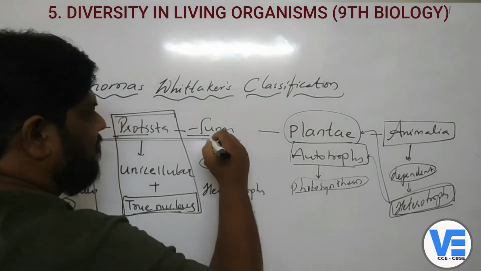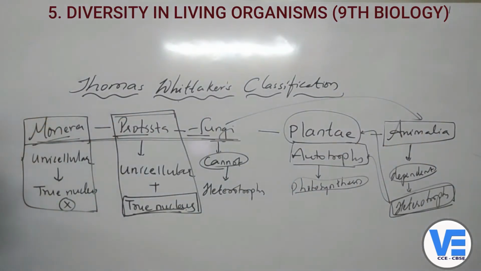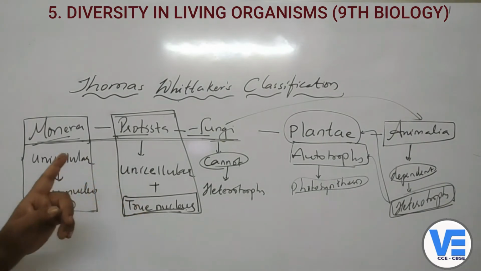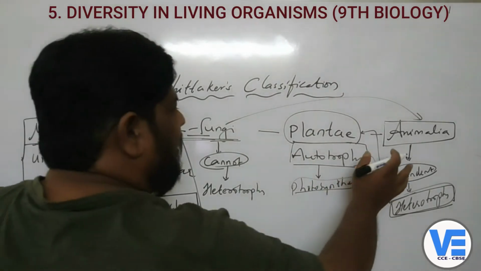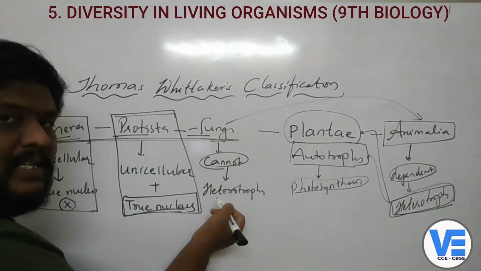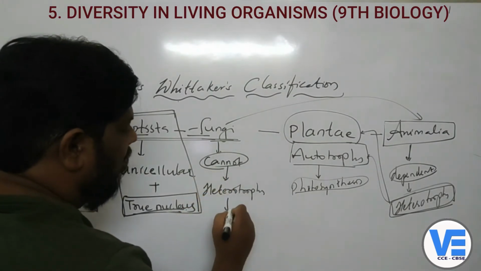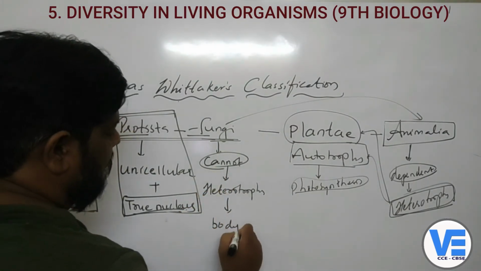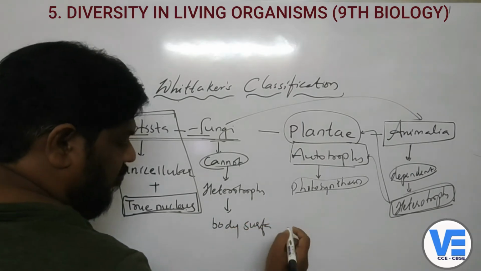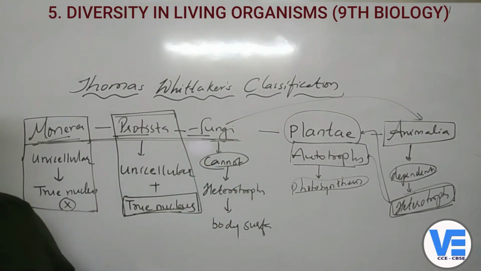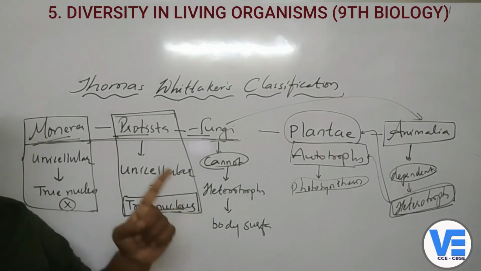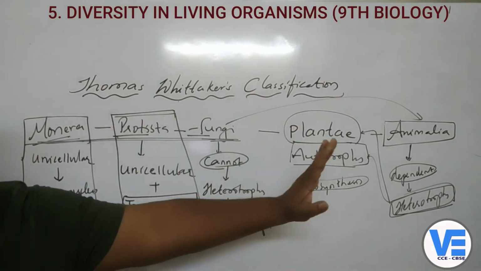Now if they are heterotrophs, they should be under the group of Animalia, isn't it? But here the interesting fact is that, unlike the animals, they break down the food materials outside and they absorb the food material through their body surface. Animals will hunt the food, eat the food, take the food, and digest it. That is a different process in animals.